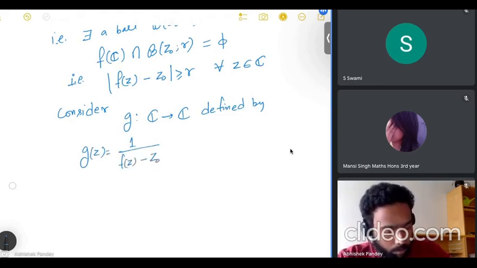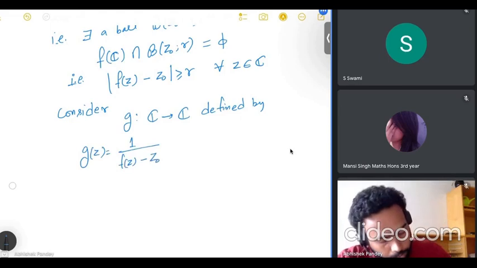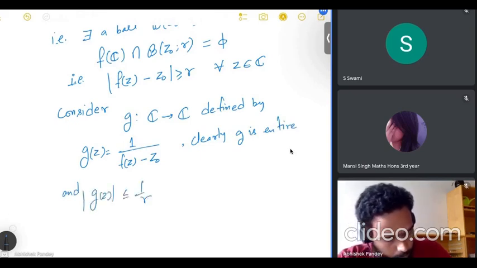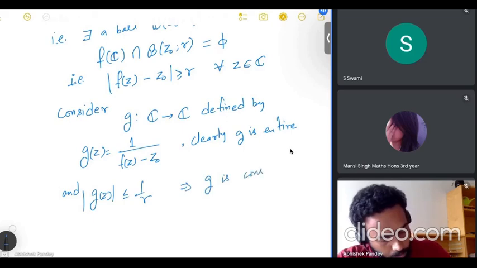Okay. So clearly g is entire. And mod of g of z is less than or equal to 1 by r, implies g is constant by Liouville.